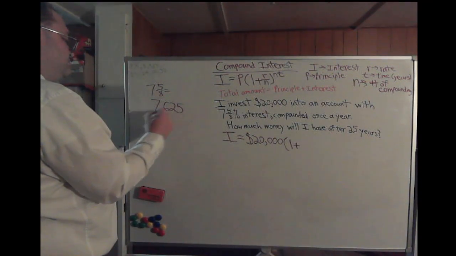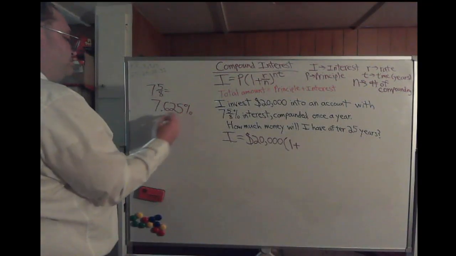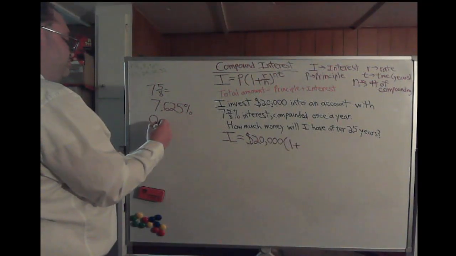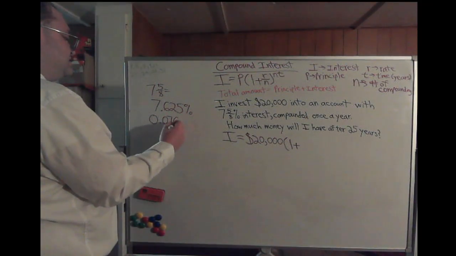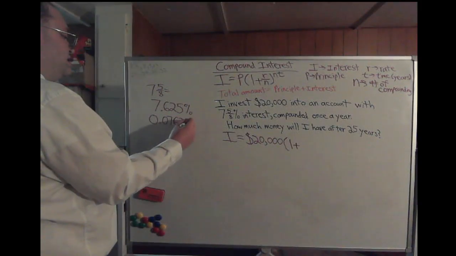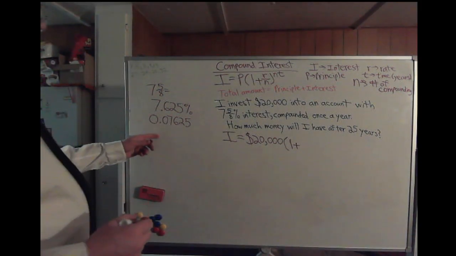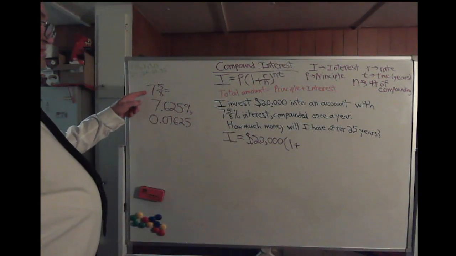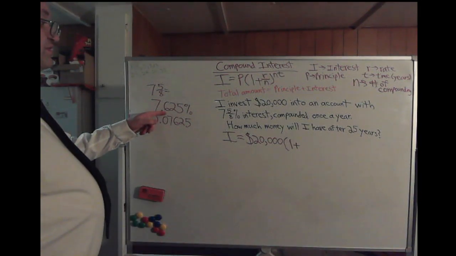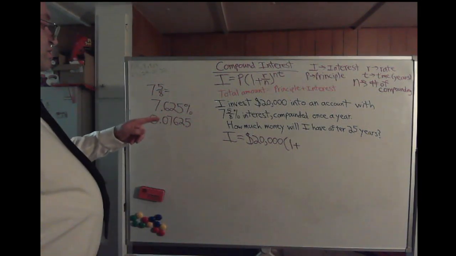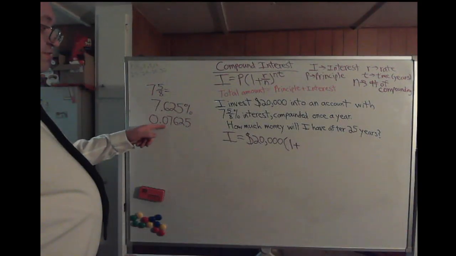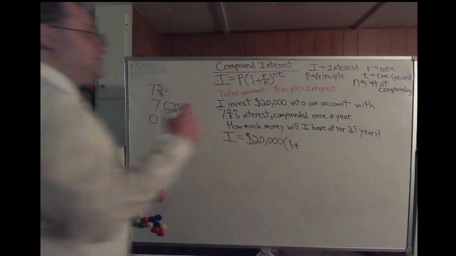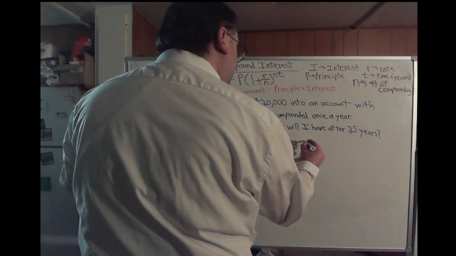So as a decimal, that's going to be 0.07625. So the rate is 7 5/8%, which is 7.625%, which is equal as a decimal to 0.07625.